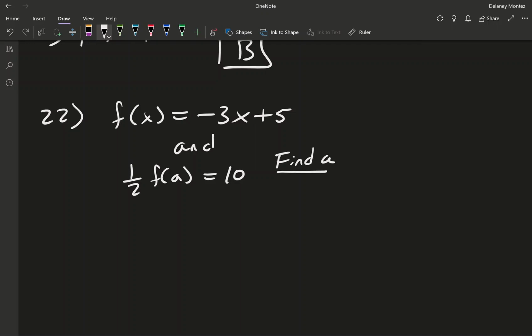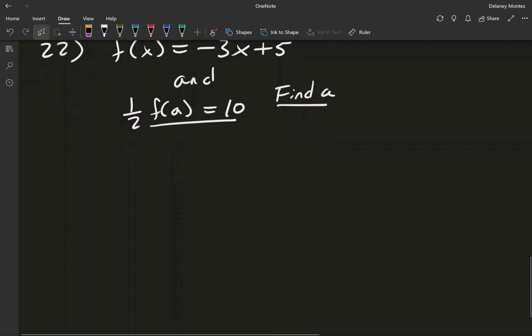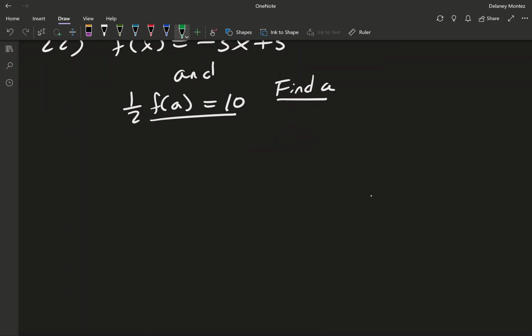Let's look at what we're given first. 1/2 of this function value, f of a, will give us 10. So let's isolate f of a by multiplying both sides by 2. These cancel out, so you'll get f of a equals 10 times 2, or 20.